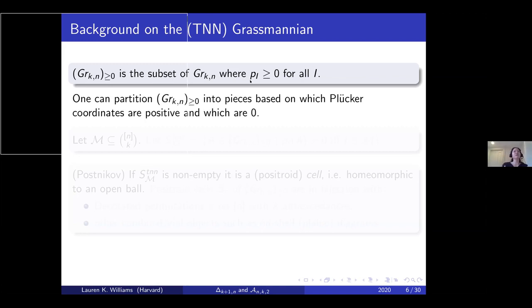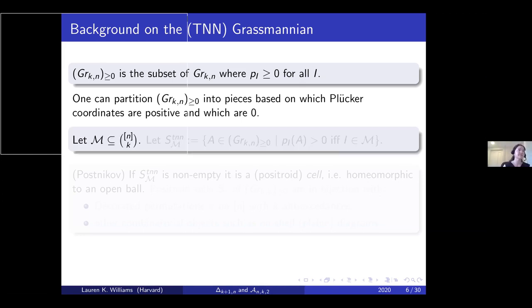And we partition the TNN Grassmannian into pieces based on which Plücker coordinates are strictly positive and which are 0. So now let's let script M be a collection of k-element subsets of the numbers 1 through n. And then we'll define S_M^TNN to be the subset of the totally non-negative Grassmannian where your Plücker coordinate p_I is positive if and only if I lies in your collection.